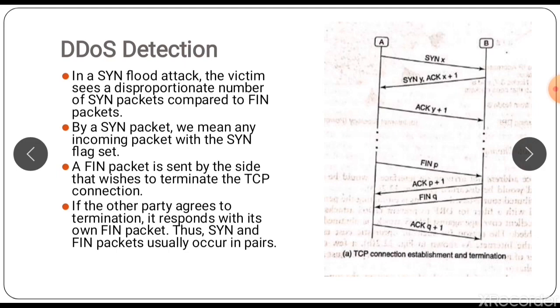TCP connections that terminate normally usually involve one SYN packet from the client and a corresponding FIN packet, to initiate and to terminate a connection. Thus, the total number of incoming SYN packets should equal the number of incoming FIN packets.